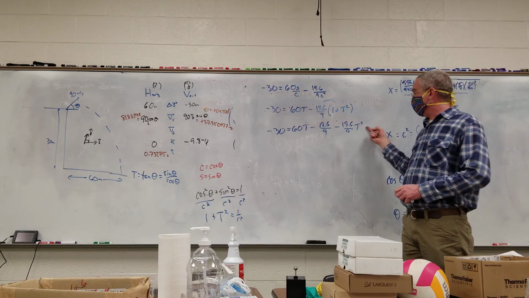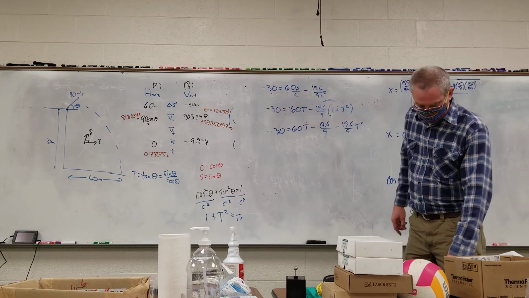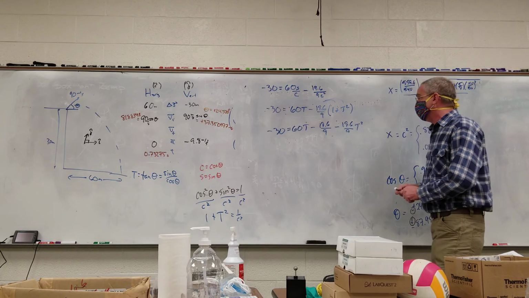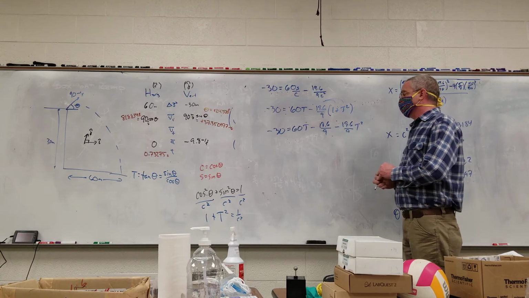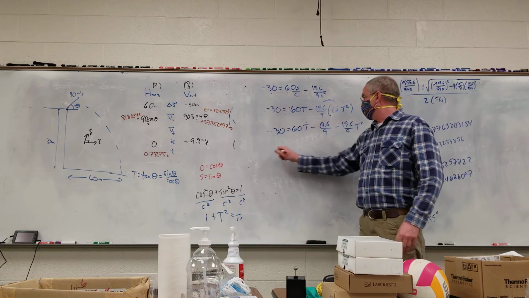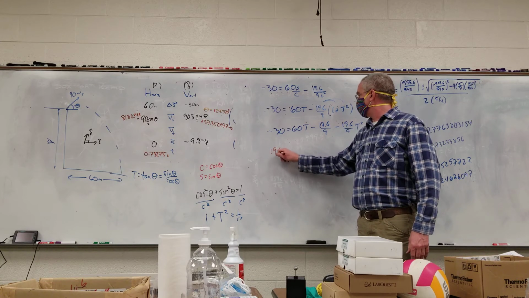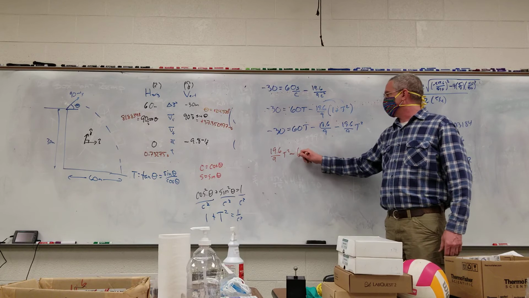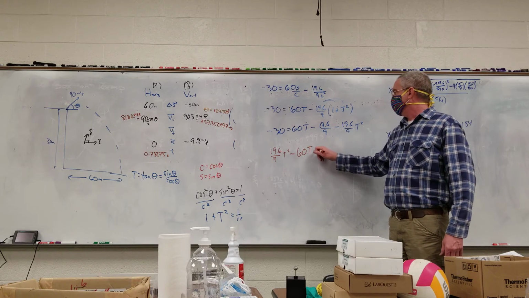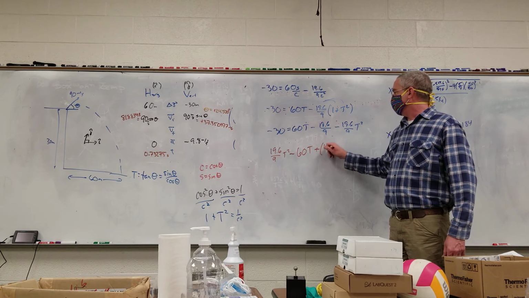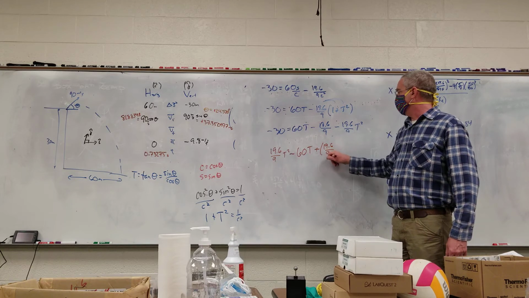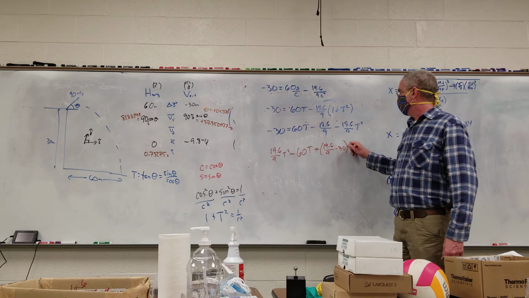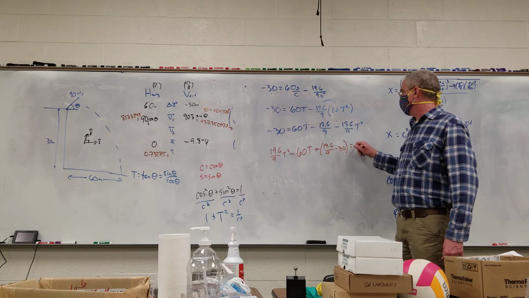It is a quadratic equation, so I need to get it into form to use the quadratic formula. So I'm going to take everything over to the left side. So this becomes 19.6 divided by 9 times T squared minus 60 times T plus 19.6 over 9 minus 30, which equals 0.